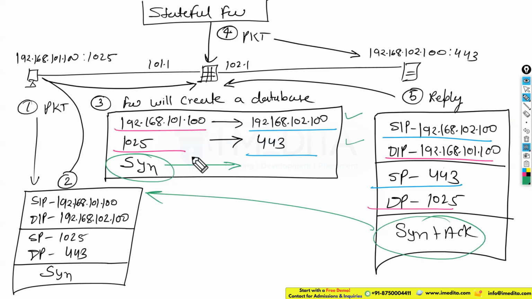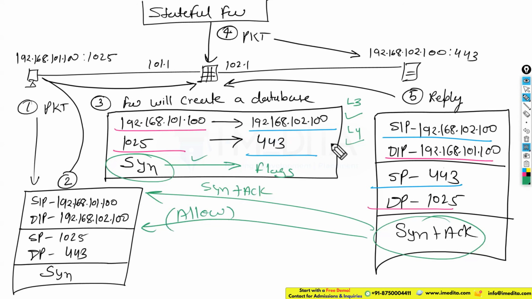Yes, SYN plus ACK is coming in response to the SYN, so it is the reply of the packet. When layer 3, layer 4 and flags match with each other, this reply packet will be allowed. If anything is mismatched, then the packet will be dropped here.